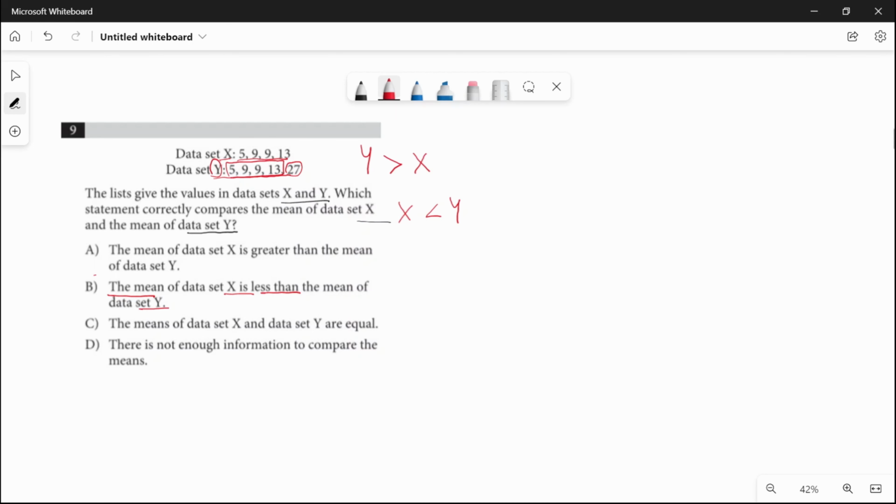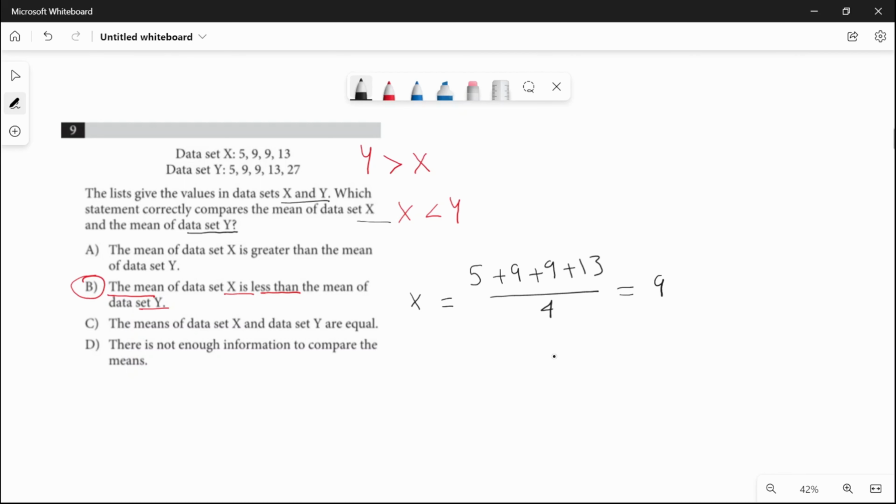In case you want to make sure that your answer is correct, we can use the arithmetic mean rule. So the dataset X will have a mean of 5 plus 9 plus 9 plus 13 over the number of values given, which is 4. So the mean of dataset X will equal 9.